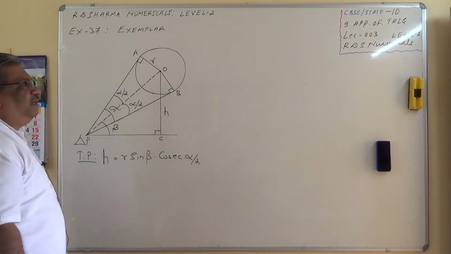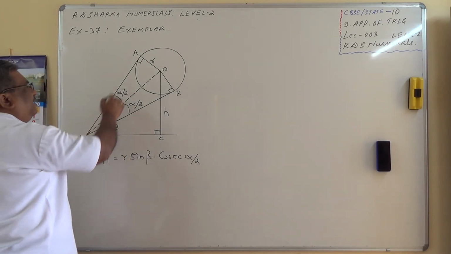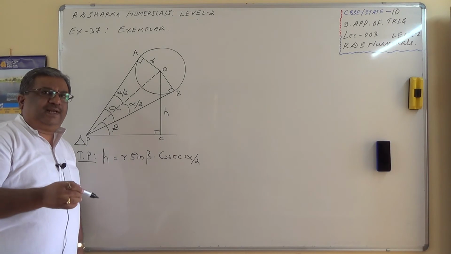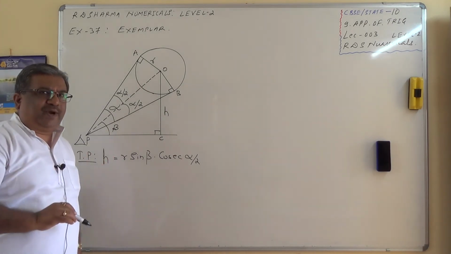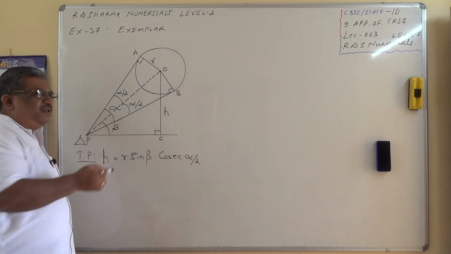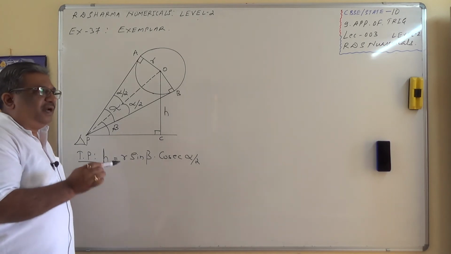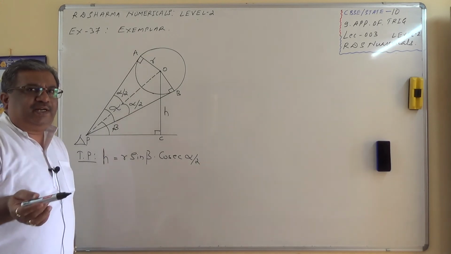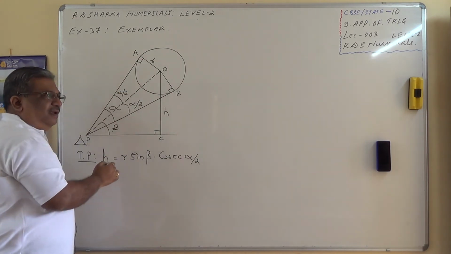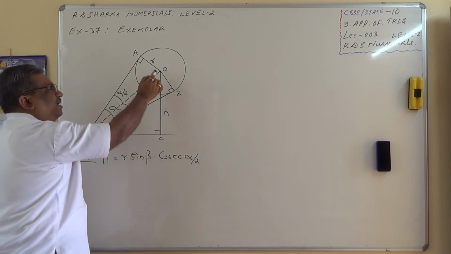You learn this in the circles chapter also, tangents and circles. You will learn that the tangents drawn from an external point are equally inclined to the line segment joining the center to the external point. The tangents drawn from an external point to a circle are equally inclined to the line segment joining the external point to the center of the circle.